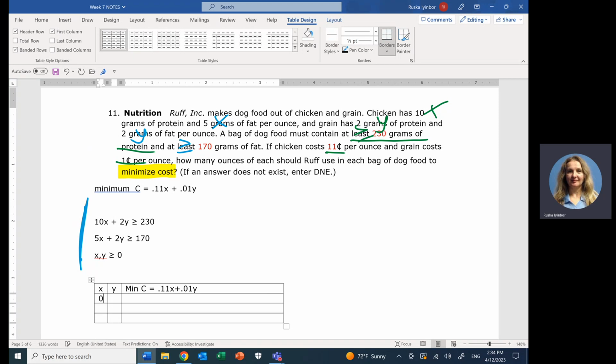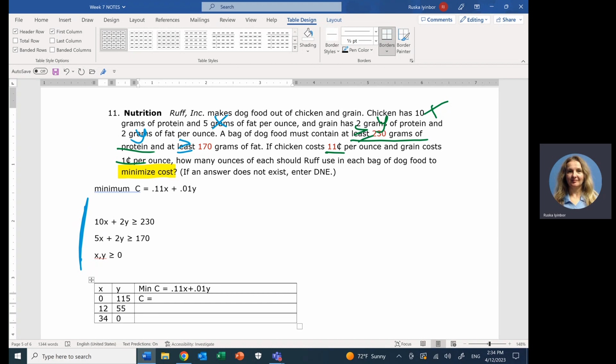So I have 0 and 115. The other one was 12 and 55, 12 is x and 55 is y. And the third one is 34 and 0, the corner points from the graph. Now, finding the minimum means plugging x and y from each corner point into the cost function, so calculating the cost for all these corner points.